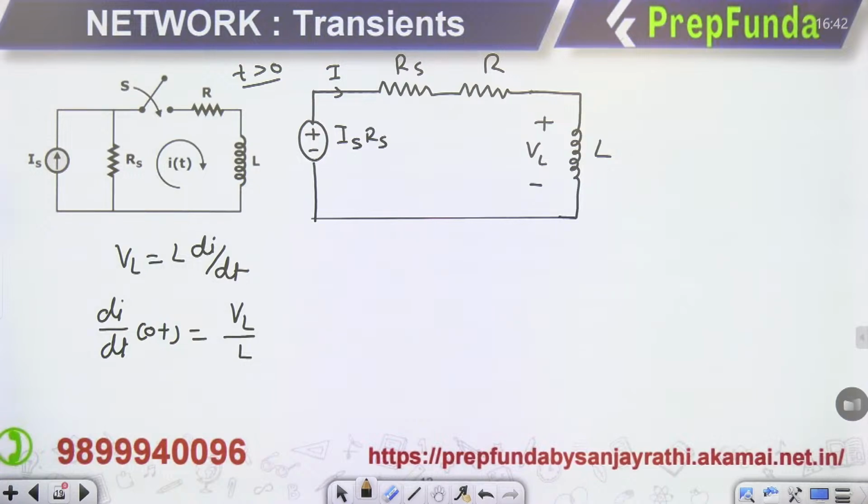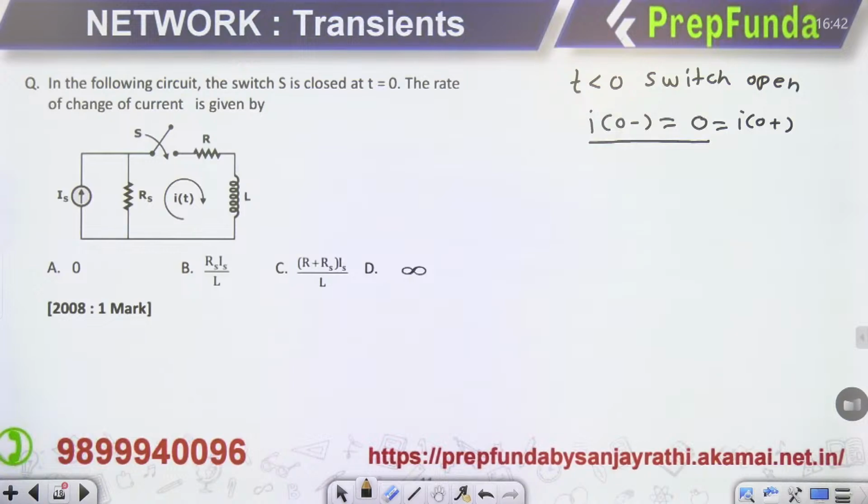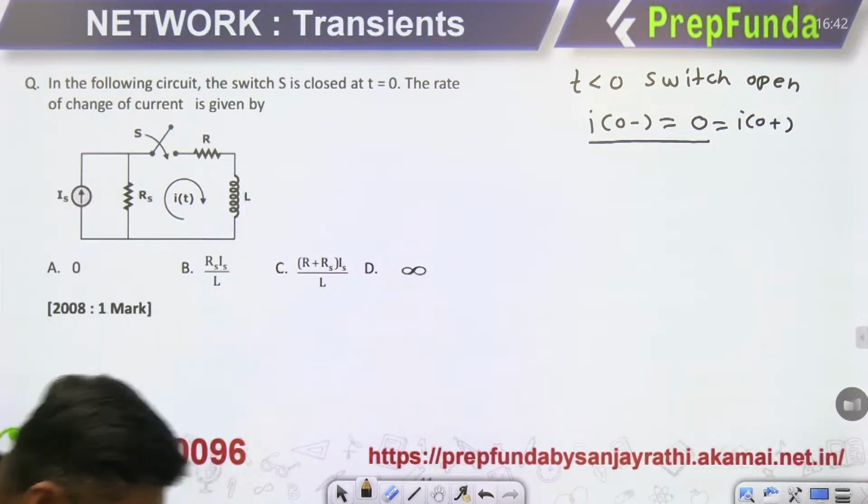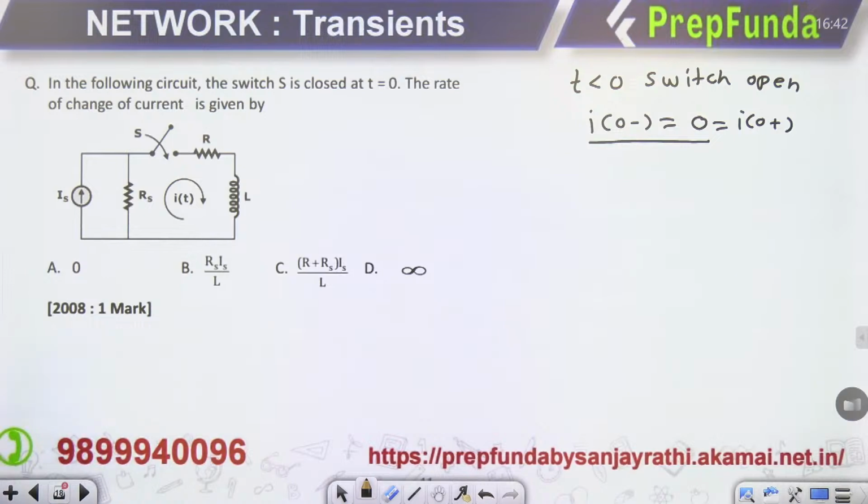Come on, tell me what is the answer. See, there are 4 options here: Is Rs by L, Rs, Rs Is by L, and so on. Many people will say 0, because the inductor does not allow sudden change of voltage or current, but 0 is not the answer, infinity is not the answer. So out of B or C we have the answer.